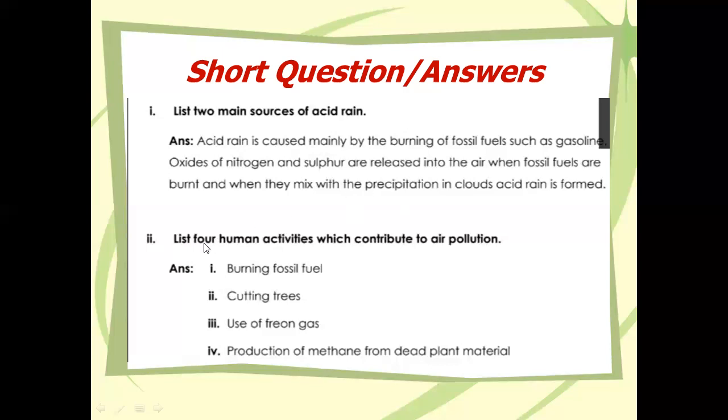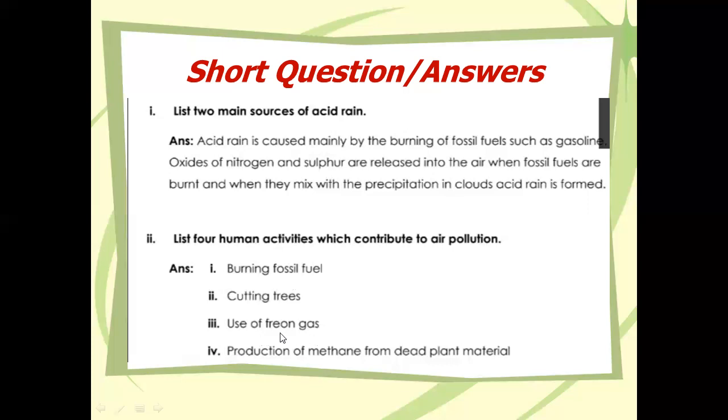Question number two, list four human activities which contribute to air pollution. The first one, as I told you, is burning of fossil fuel, which produces these harmful gases. Then deforestation or cutting trees, and the use of freon gas, which we use in our refrigerators and ACs.